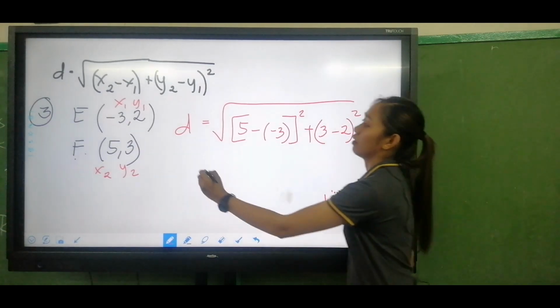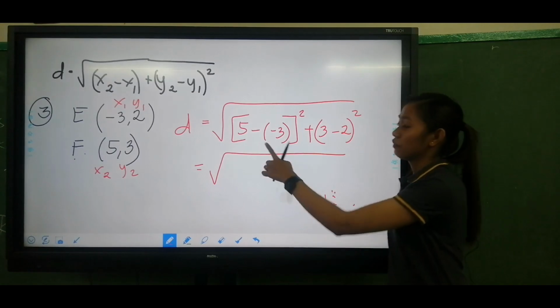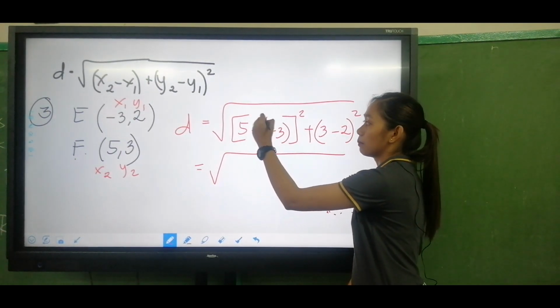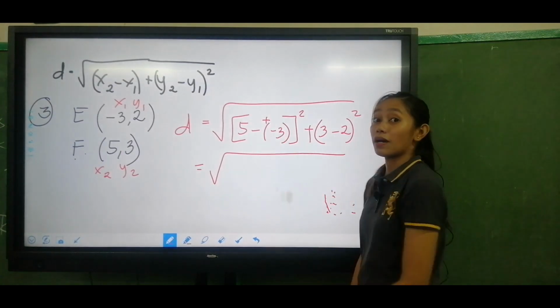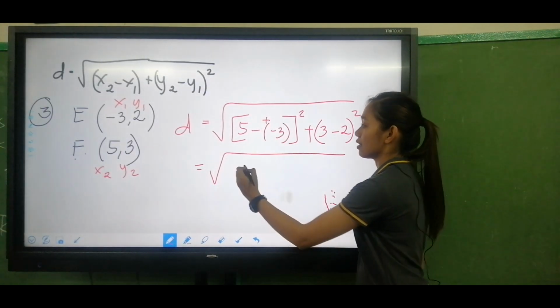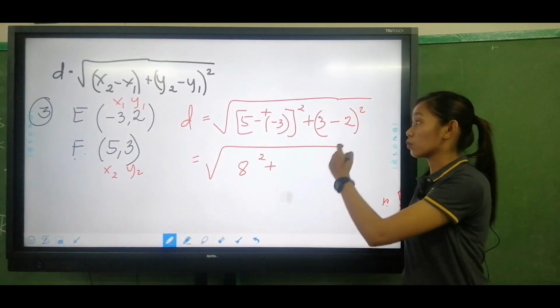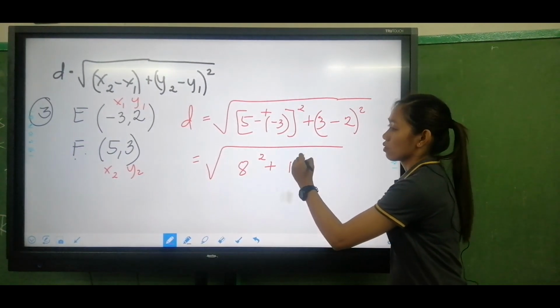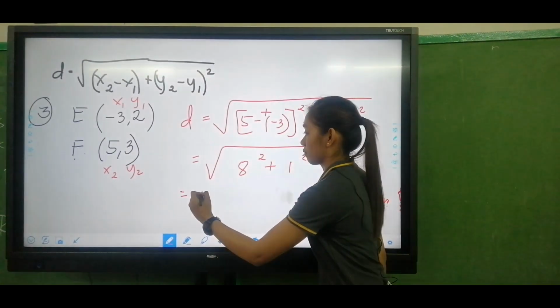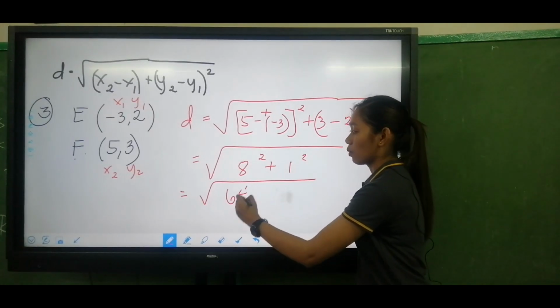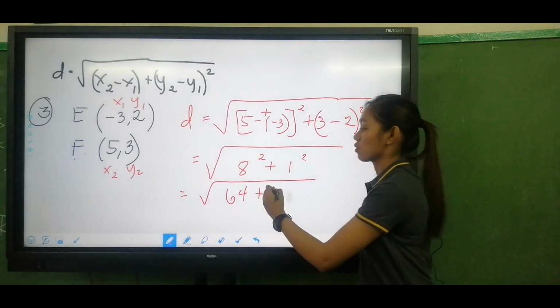squared equals 5 minus negative 3, magkatabi sila. So, this will be positive. Negative times negative, positive. So, 5 plus 3 is 8 squared plus 3 minus 2 is 1. So, this will be 1 squared equals 8 squared is equals to 64 plus 1 squared is 1.